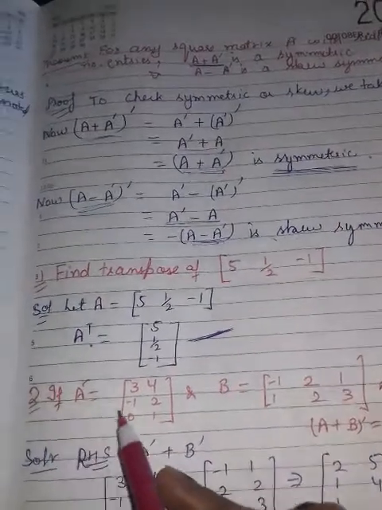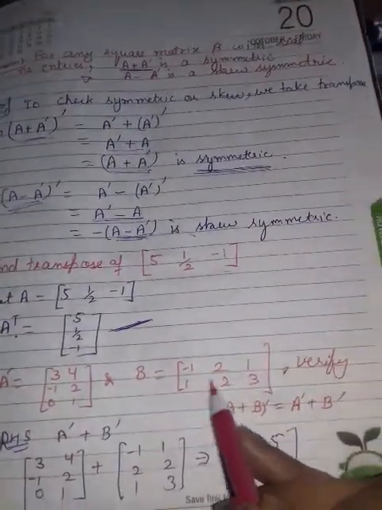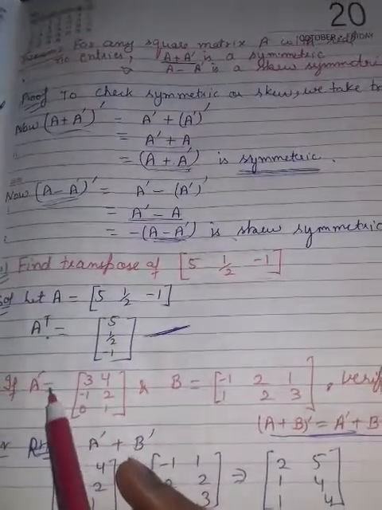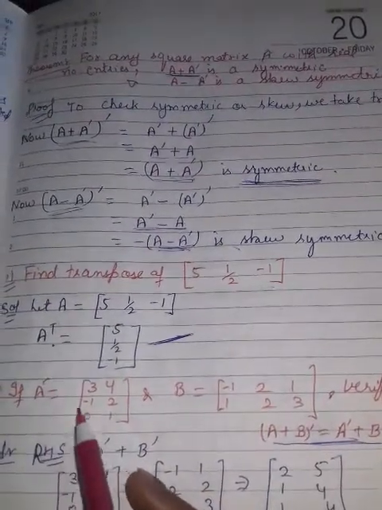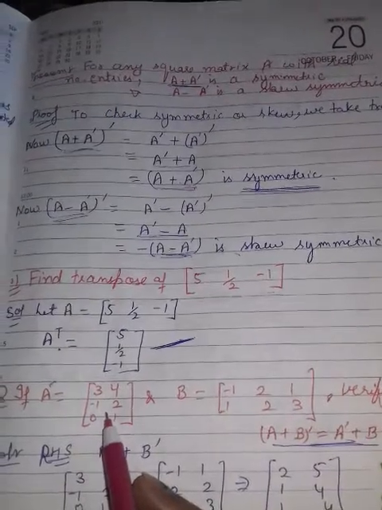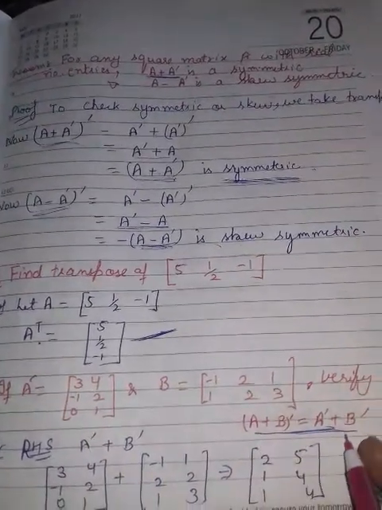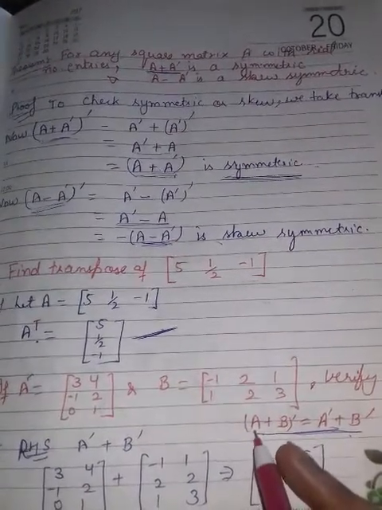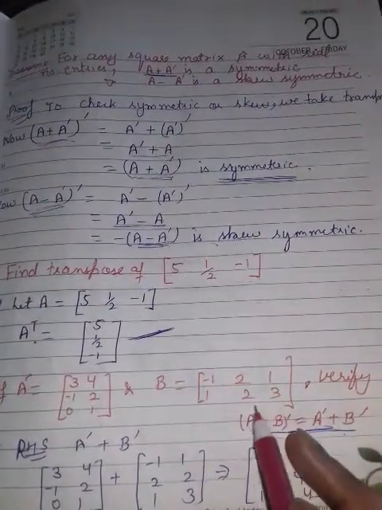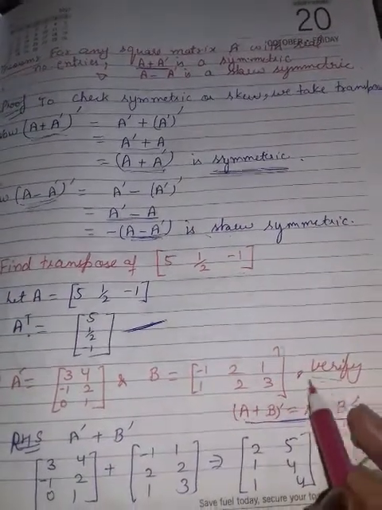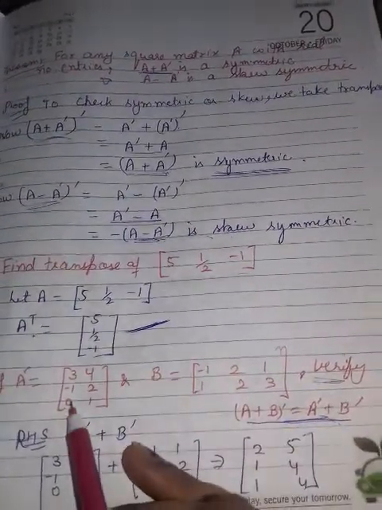Next, if A transpose is this, B is given, then verify this. Clear? But whenever you see A transpose is already given, you can find A. Very good. Why? Because you have to prove left side is equal to right side. In the right side you want only A. So without opening it, you know this can be written as this, but you have to verify whether it is possible by taking these values.